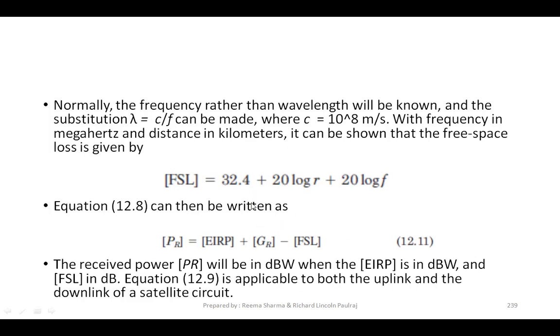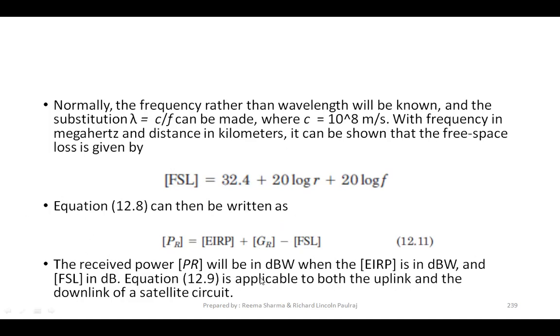So we will be rewriting this received power in the form of EIRP plus gain minus FSL. For FSL, you have to substitute this value. So remembering the formulas and substituting the values is one important factor here.